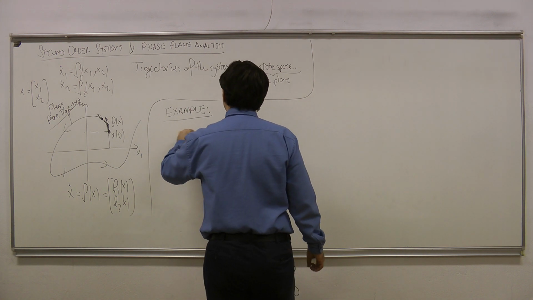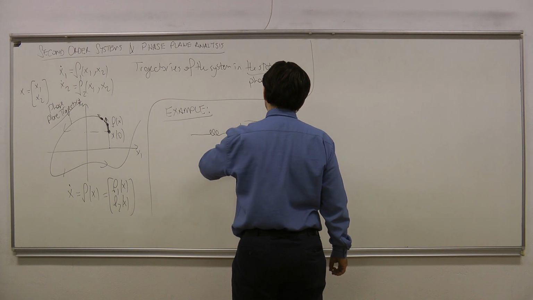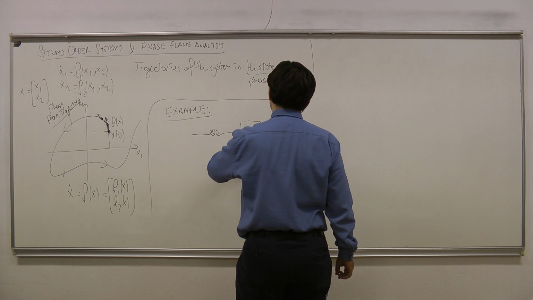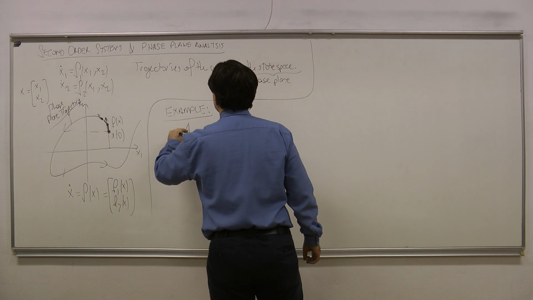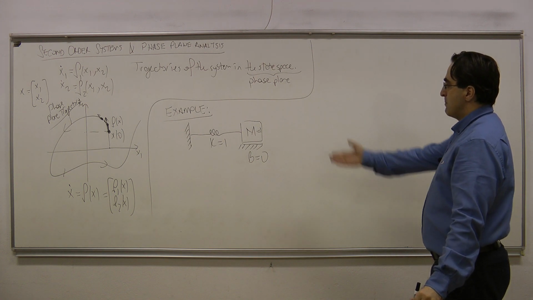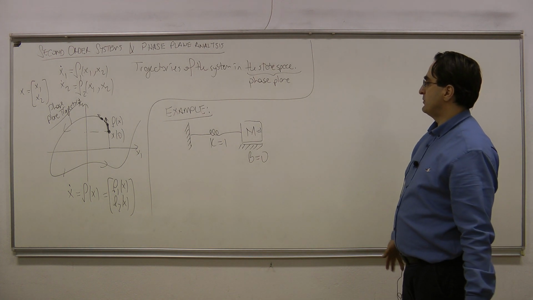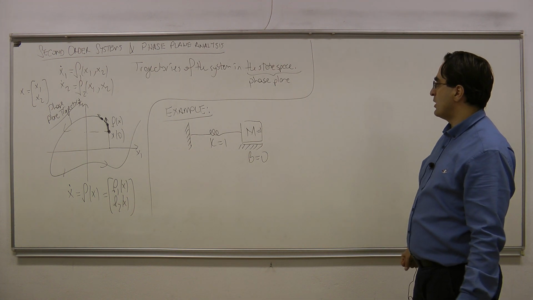It is going to be a very, very simple system. So I would have the harmonic oscillator given like this. A mass whose mass value is 1 kilogram, let us say, and a spring with a spring constant 1.